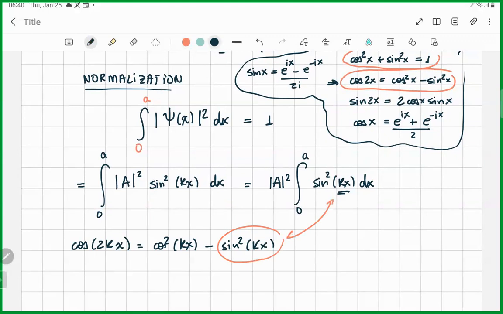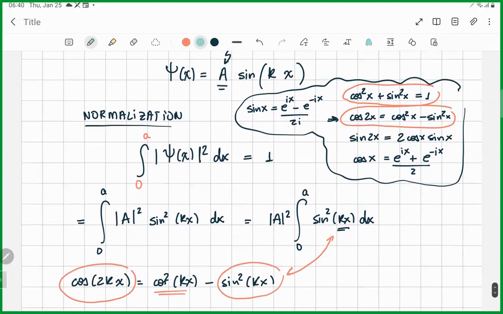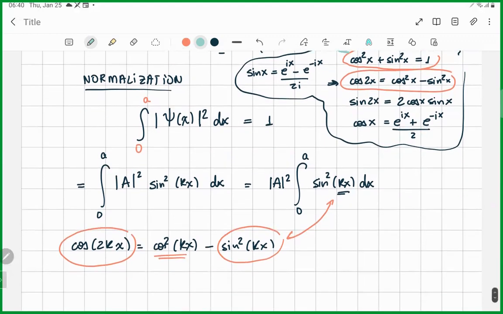I see a cosine showing up, which is nice because the integral of the cosine I know. But the annoying thing is that I will still have this cosine square. I can get rid of it through this relation here: cosine square is 1 minus sine square of kx.